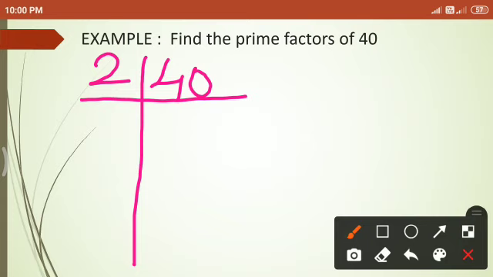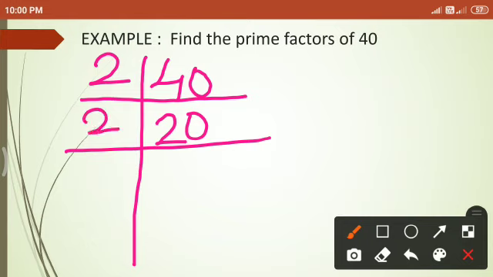Now why is 40 divisible by 2? Because in the unit place 0 is there, so that is why 40 is divisible by 2. So 2 2s is 4 and 2 0s is 0. Now our quotient is 20. Now we have to see 20 is divisible by which number? 20 is divisible by 2, that is 2 1s are 2, 2 0s are 0.